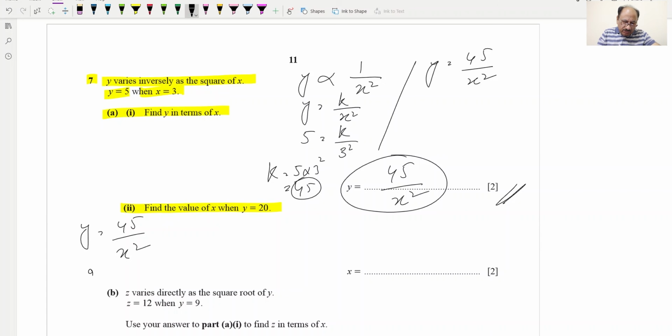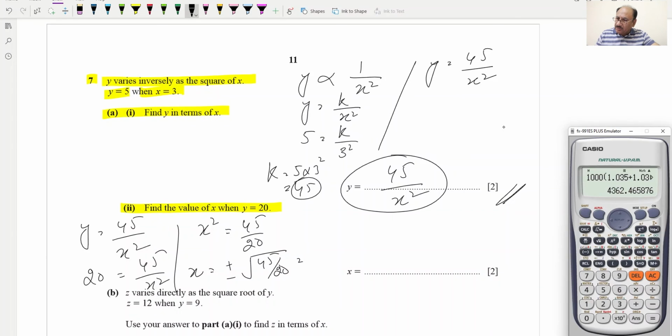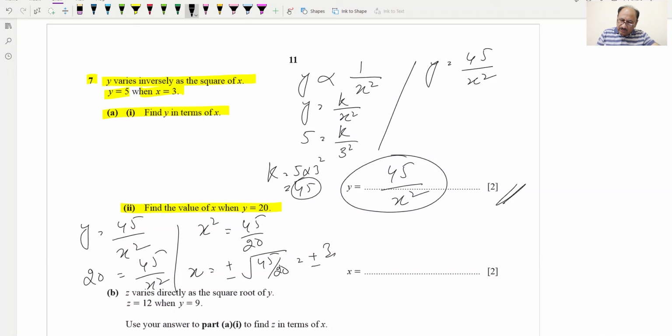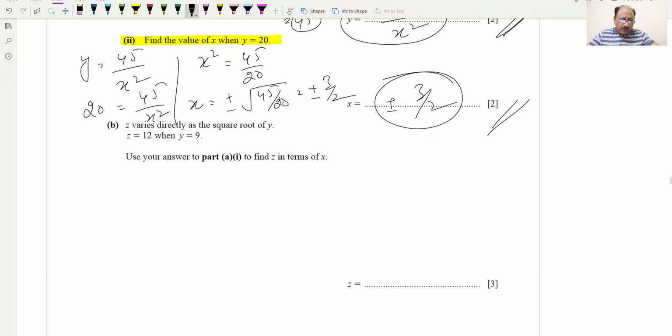So y is 20 and this will be 45 over x squared, and this implies x squared is equal to 45 over 20, and x will be equal to plus minus square root of 45 over 20, and this will be equal to 3 by 2. So plus minus 3 by 2 will be our answer, or 1.5. So this will be the answer for 2 marks.